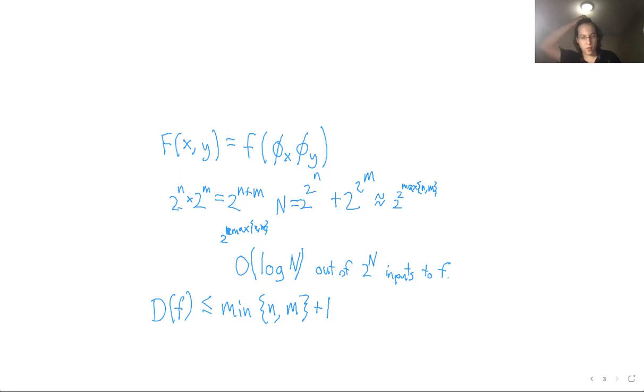Okay, so that's fine. How does that compare to capital N? Let's just assume little n equals little m here. Then this minimum here, we know that capital N is 2 to the n roughly, and here we have n.